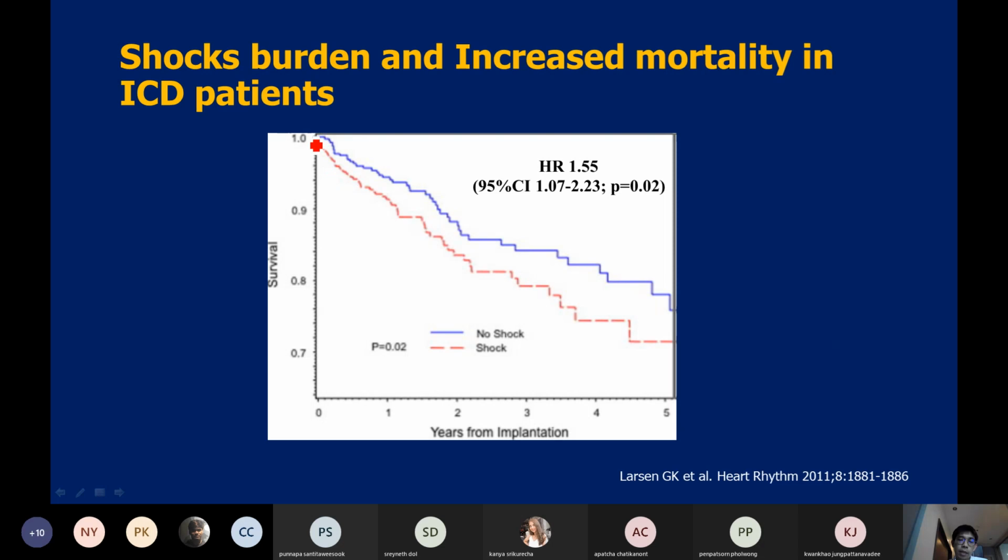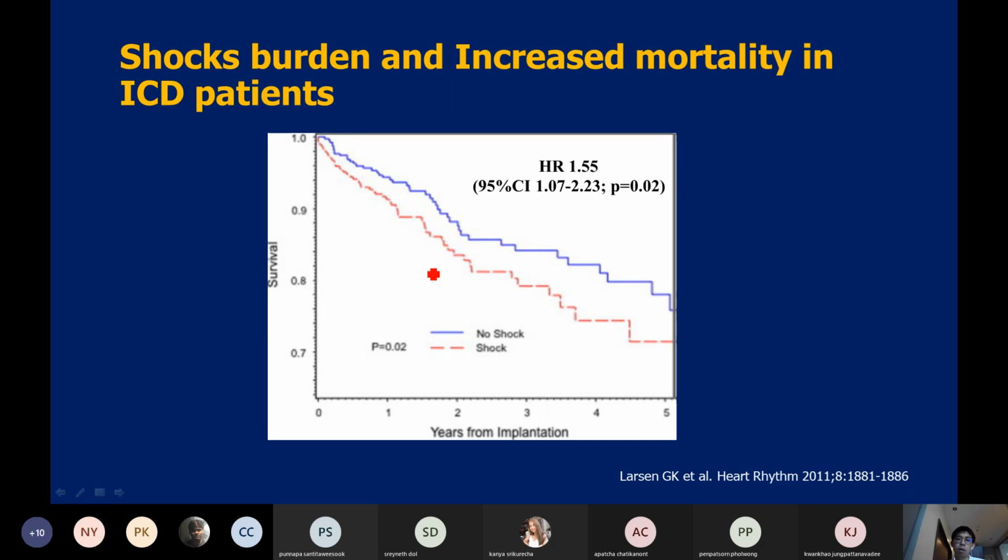The Y axis is the survival, and the X axis is the years since implant. Patients with no shock have more survival time than patients with ICD shock. This means that if the shock burden is high, it increases mortality in patients with ICD.